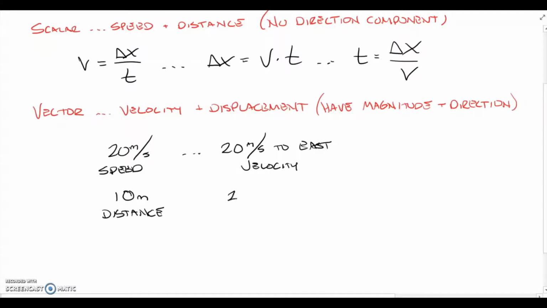Or I can say I went 10 meters to the east. And now I've specified a displacement. It has a direction to it. If I start somewhere and I go east 10 meters, that would be different than traveling west 10 meters. They would both be the same distance though, right?